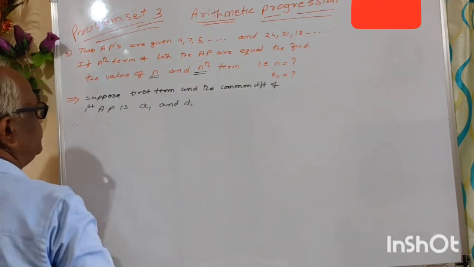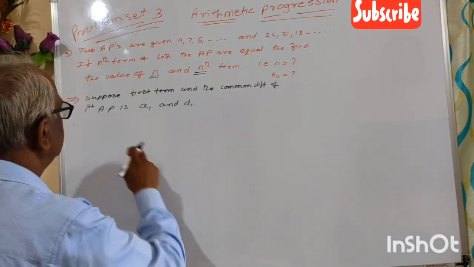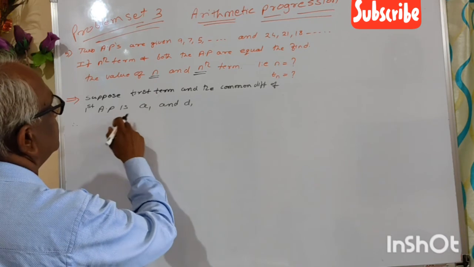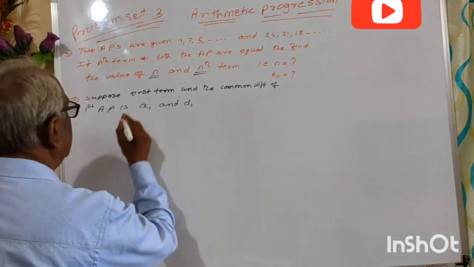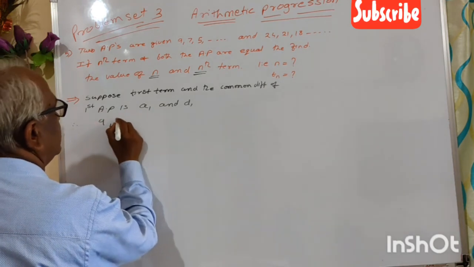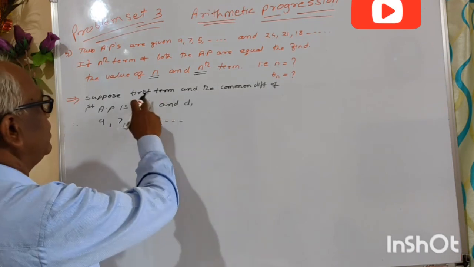Therefore 9, 7, 5, and so on, this is the first arithmetic progression.